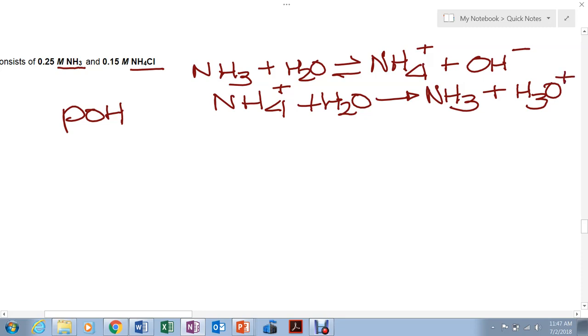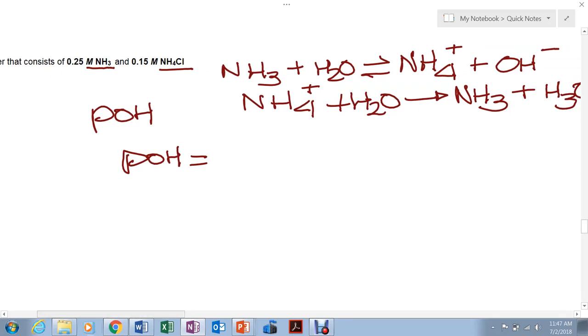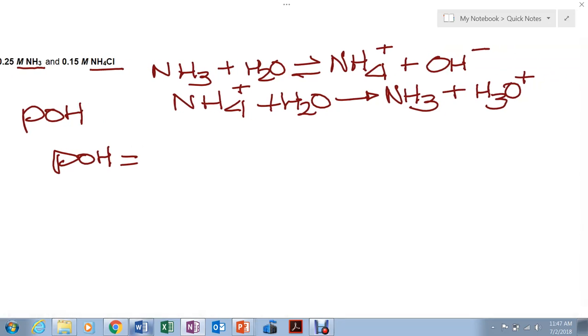So now we're going to find the pOH, which is going to be the pKb. The pKb of ammonia, I'm going to get it from here, is 4.75. You look at the problem, you're going to have it there.